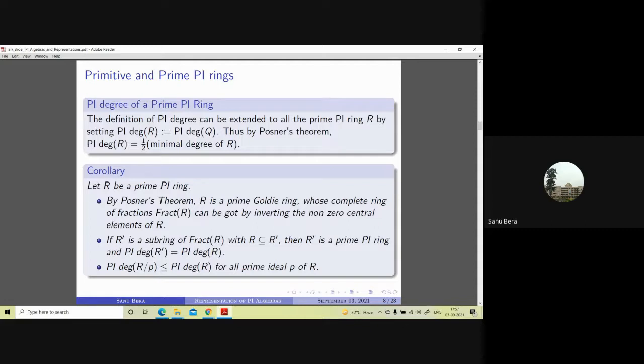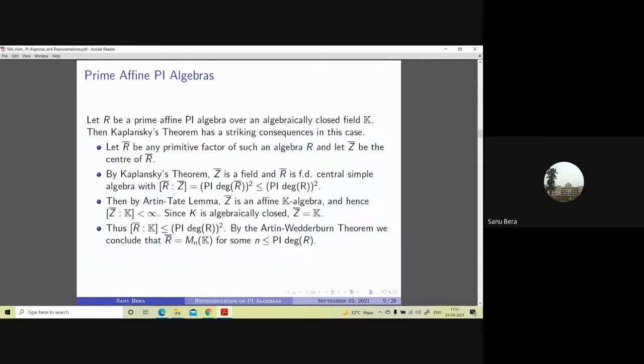Now we focus on a special type of algebra and its structure, that is, a prime polynomial identity algebra with some restrictions on it. This is affine and also over an algebraically closed field. And for this particular algebra, the Kaplansky theorem has an important consequence. Suppose we take a simple module over R, which always exists.